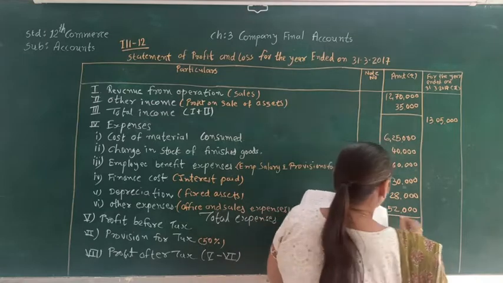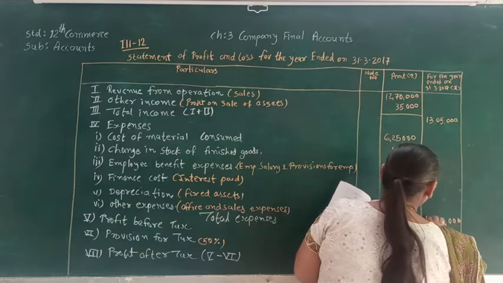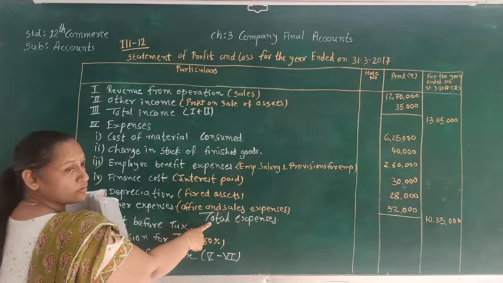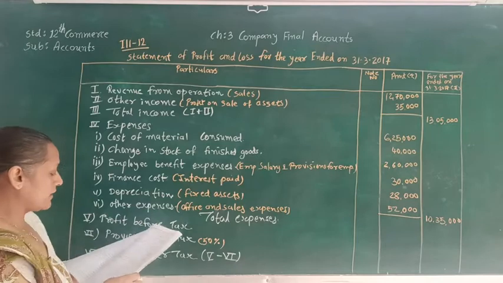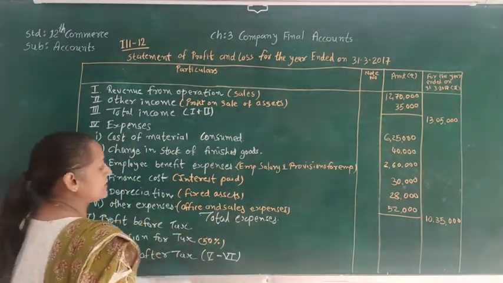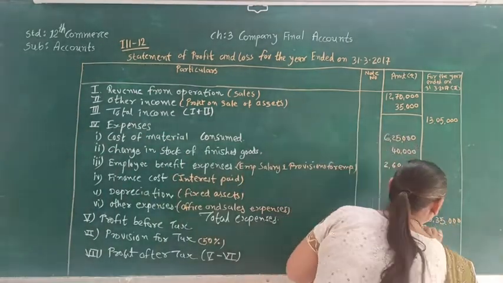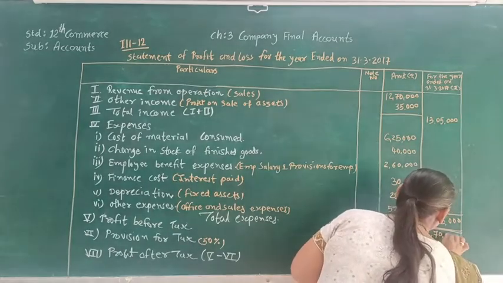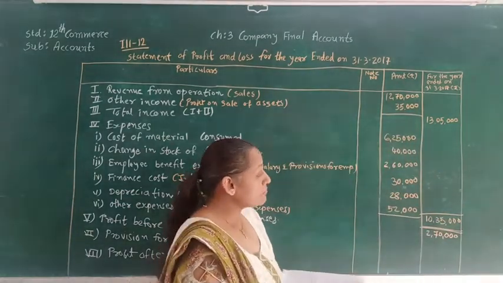The total of this will be 10,35,000. So from total income we are going to deduct the total expense. The profit that we get is called profit before tax, and that is 2,70,000. This is the profit before tax.